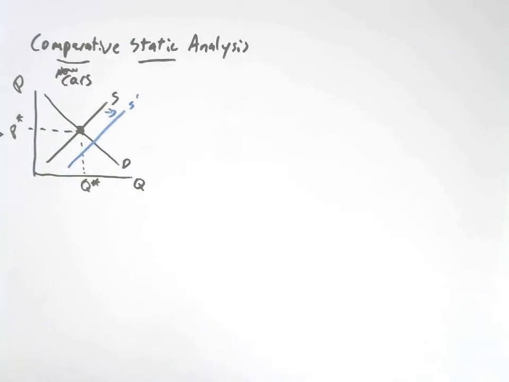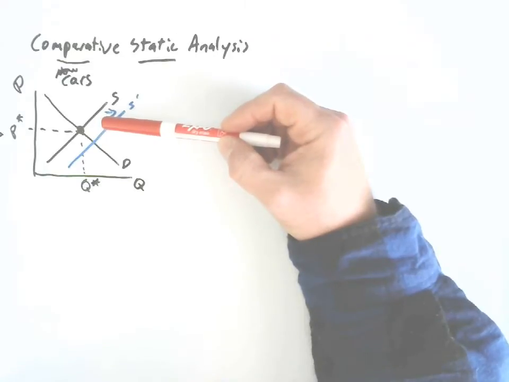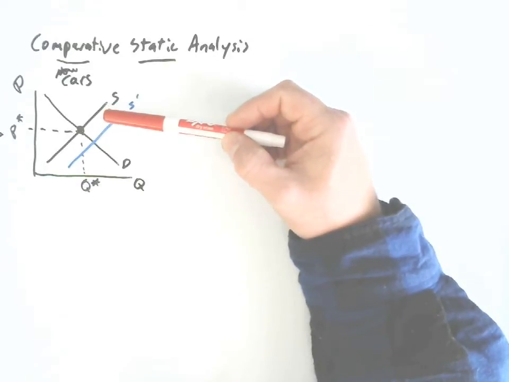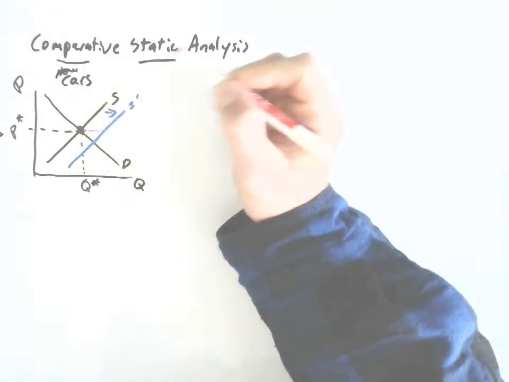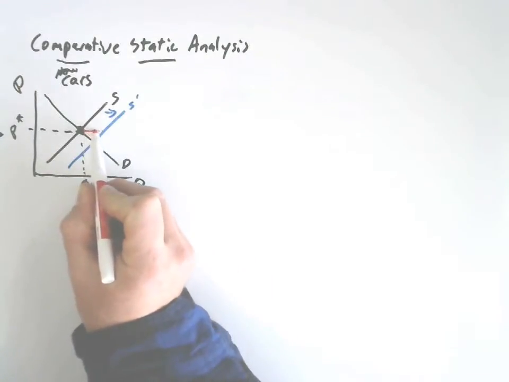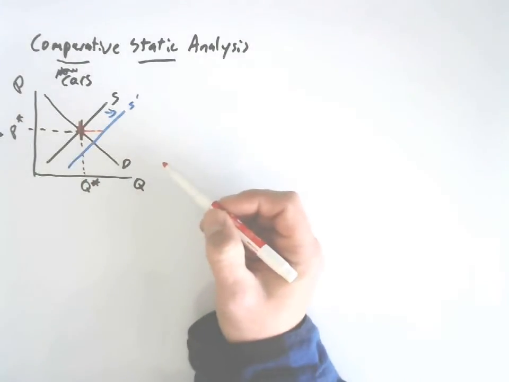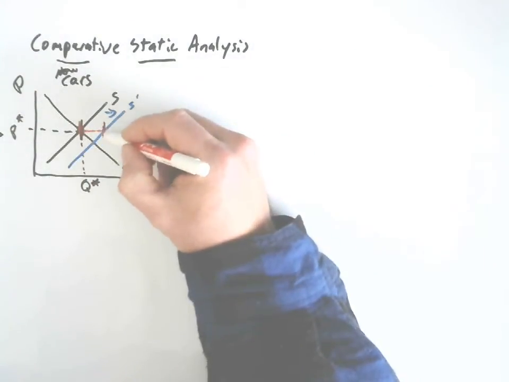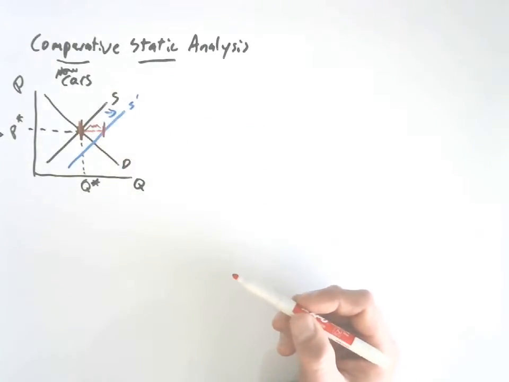Well, if firms keep that price at $26,000 and they increase the number of cars out there, well, they're going to have a surplus of the product. And why are they going to have a surplus of the product? Well, because since demand didn't change, quantity demanded is still there. But quantity supplied is over here. And so the rest of this is a surplus of the product.